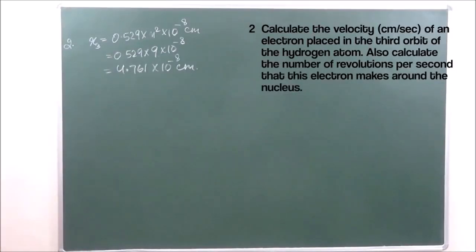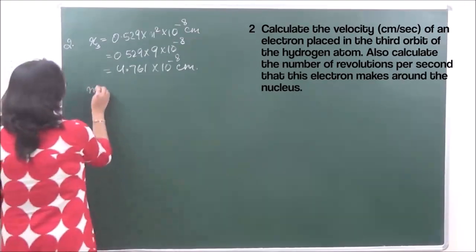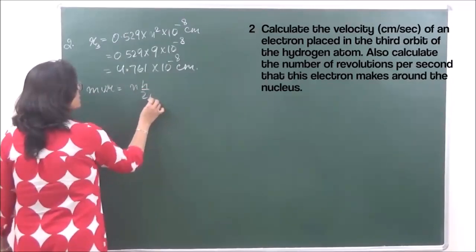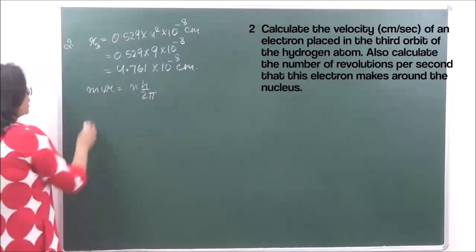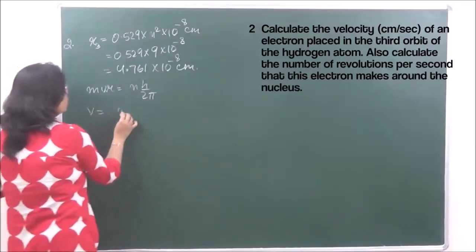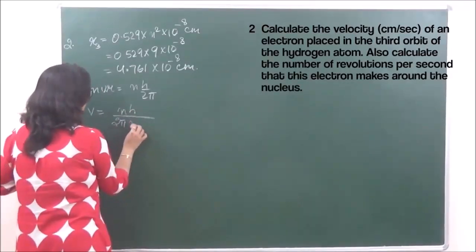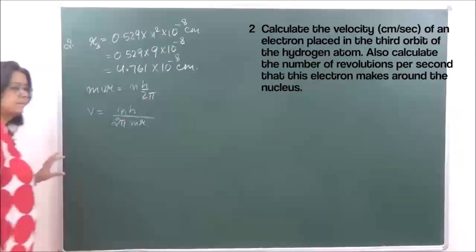Okay? This is r. Then after that, we will now calculate the velocity. Velocity can be calculated by the formula mvr is equal to nh upon 2 pi. Or velocity will become equal to nh upon 2 pi mr. Right?